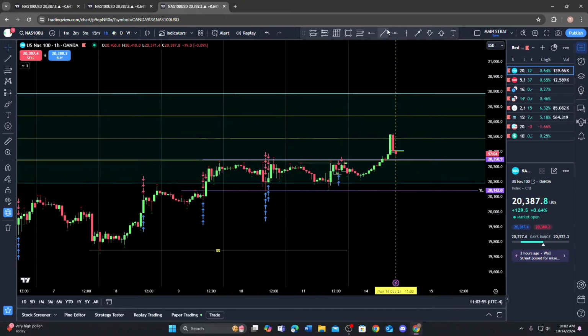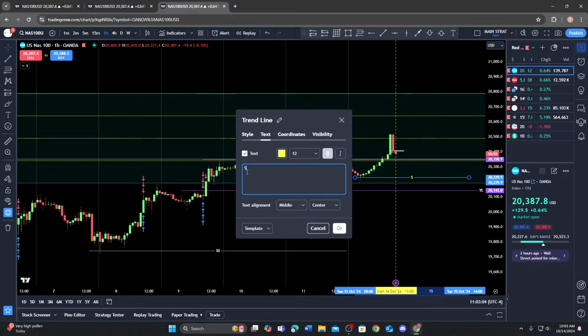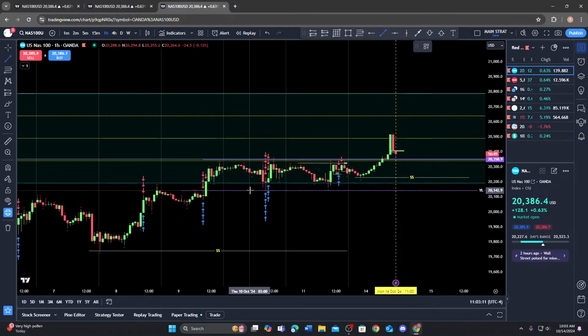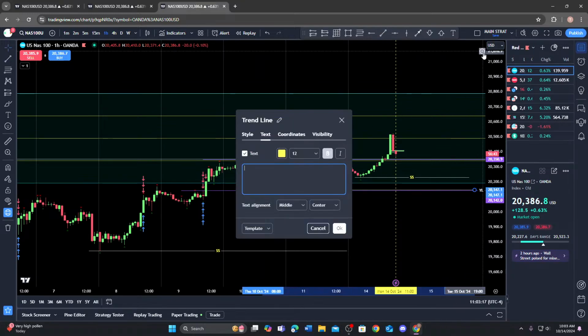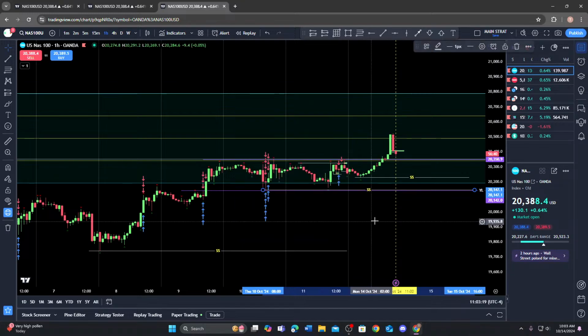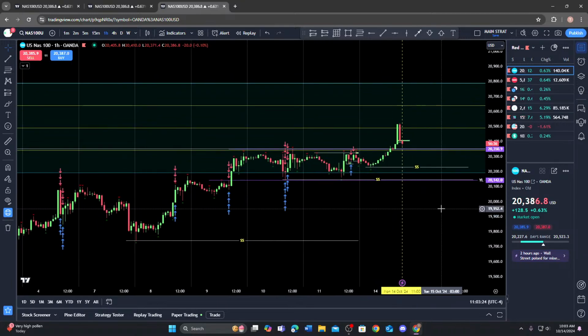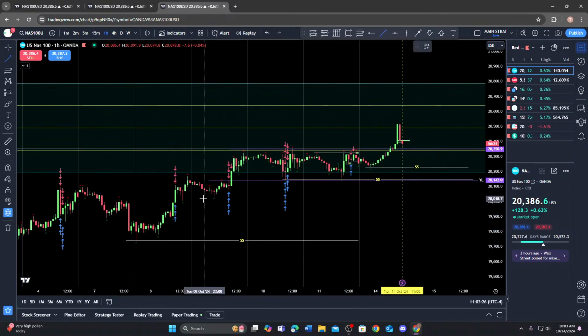We have sell side, minor sell side there, and we have major sell side, or probably also a minor sell side. Sell side, sell side. So I have a lot of sell side liquidity here.